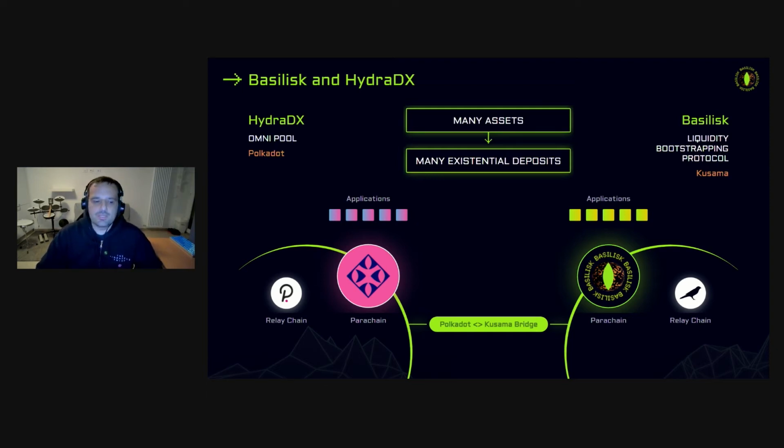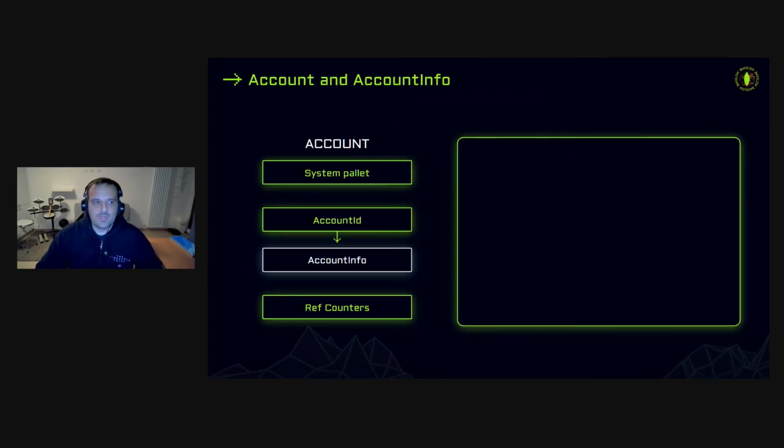We can dive in, and we can say some wise words, because that's why we are here. But before we talk about existential deposits, I believe we need to briefly mention some details about accounts: how Substrate handles accounts, and how Substrate actually knows that it can kill an account.